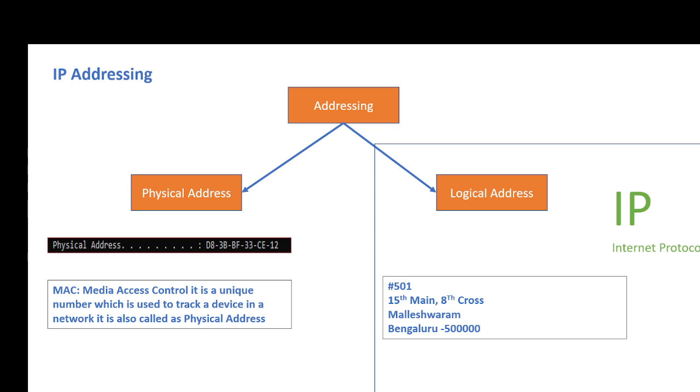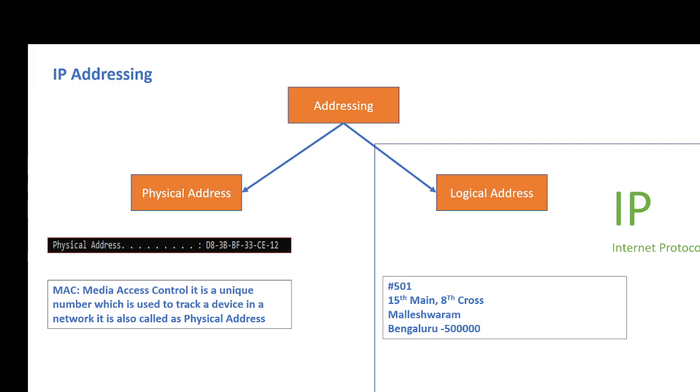So if you have 10 network interface cards, each card will have its own number, depending on what device you are connecting. If you are connecting via LAN, it will pick up the LAN card physical address, and that will never change until you change the network interface card for some reason.